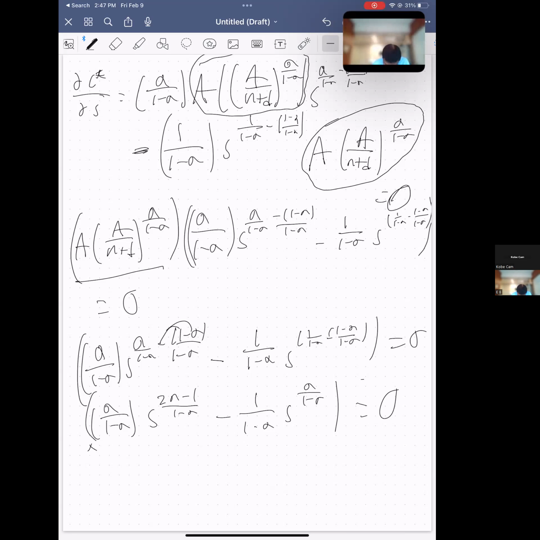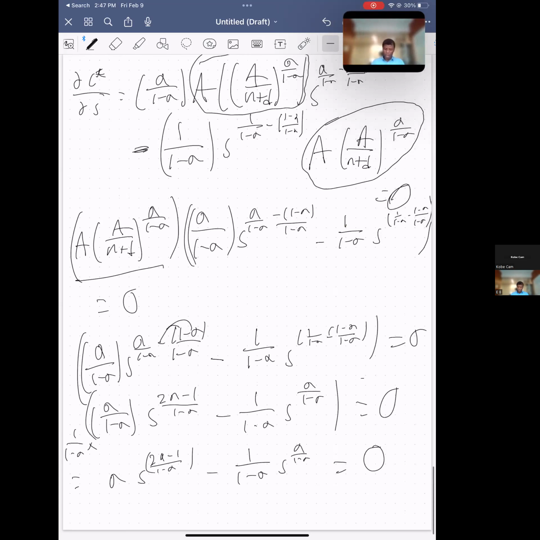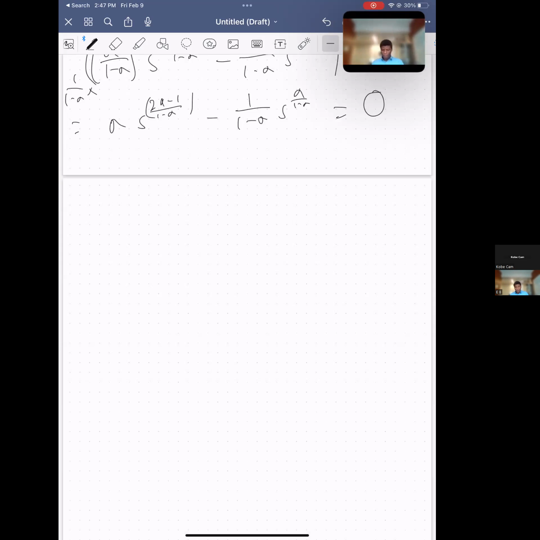We multiply by 1 over 1 minus A, we should get this. A S to, this is being raised to A minus 1 minus A, minus 1 minus A S A to the 1 minus 1 minus A. And this is all still equal to 0. Okay. A lot of computations, but we're almost there.